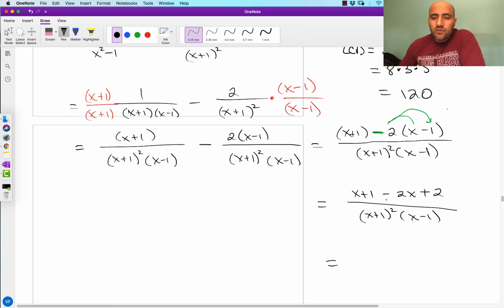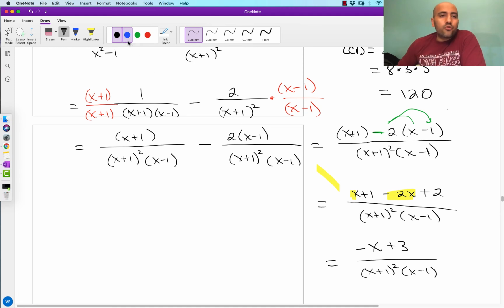Combining like terms, we see that this one and this one are like terms. So positive x minus 2x gives you the minus x. And then the 1 and the 2 combine. So we end up with minus x plus 3 all over x plus 1 squared times x minus 1.